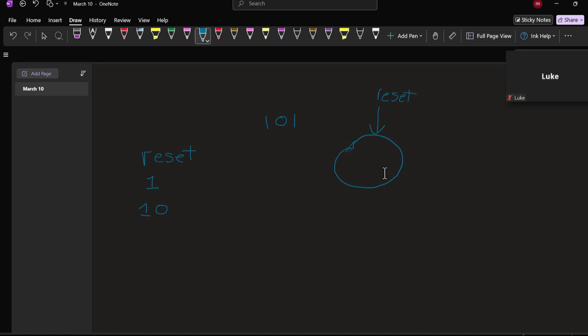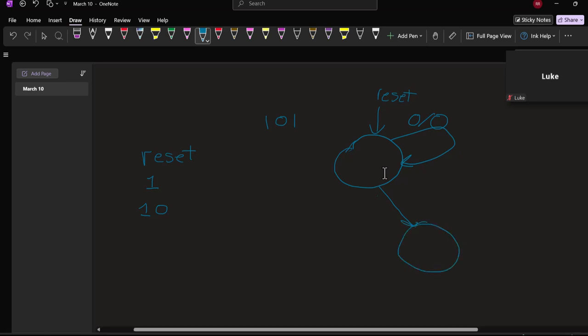So I'm at my reset state, and I don't have anything towards my 1, 0, 1. If I get a 0, am I headed towards one of these others? Nope. So I get a 0, and my output is 0. If I get a 1, am I headed towards one of these other states? Yes.